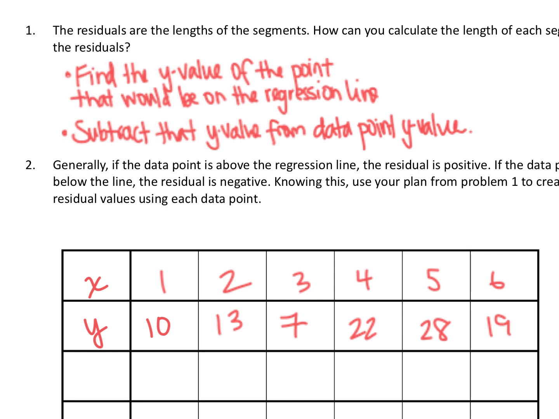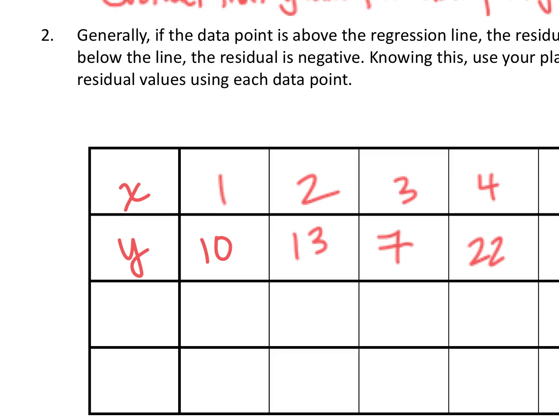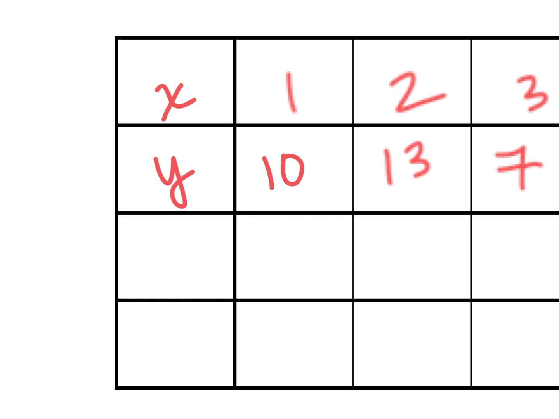Okay, now that we have that, we're actually going to calculate what the y value would be if it was on the regression line. So in this box right here, I'm going to write y value on, and the equation of the regression line is y equals 3x plus 6.